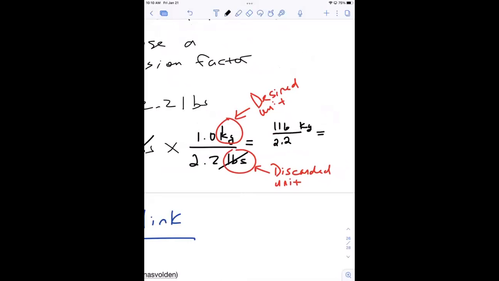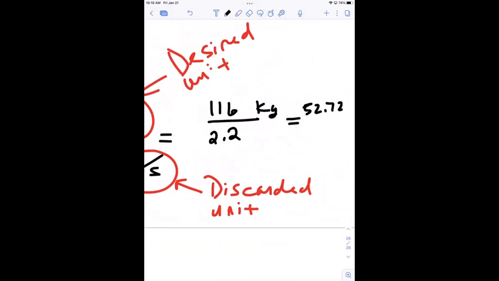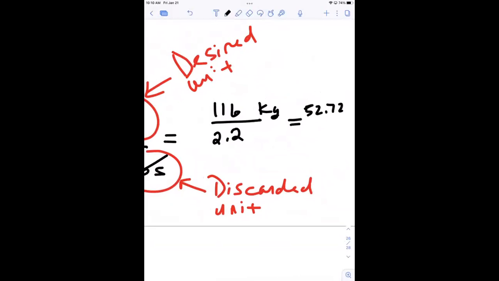Can somebody do that calculation for me real quick? 52.72. Excellent. I mean, unless you round it, then it would be 73. Well, we're going to do more than round it, right? Because we need to make sure that we have the correct number of sig figs. Is that right? Yeah. So we're going to have to round anyway.